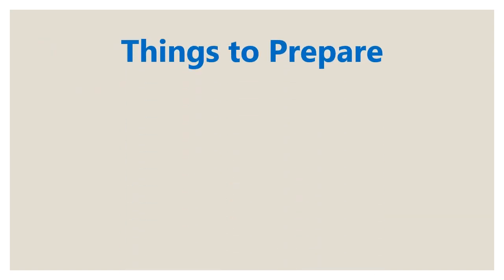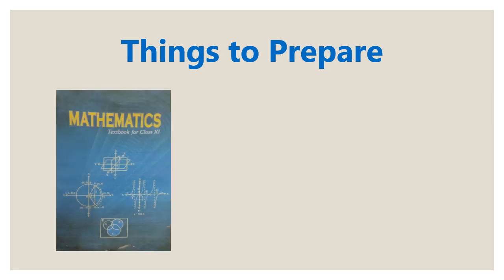But before we start, let's check our things. These are the things to prepare before we start our learning. The first one is to check if you have your math textbook for Grade 1.